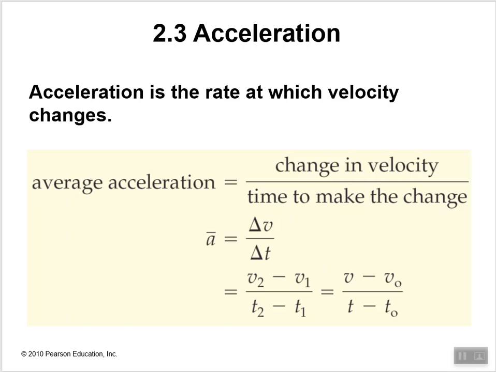And they give us this equation down here of V2 minus V1, or V minus V naught, or sometimes you'll see VF minus VI over TF minus TI, meaning final and initial.